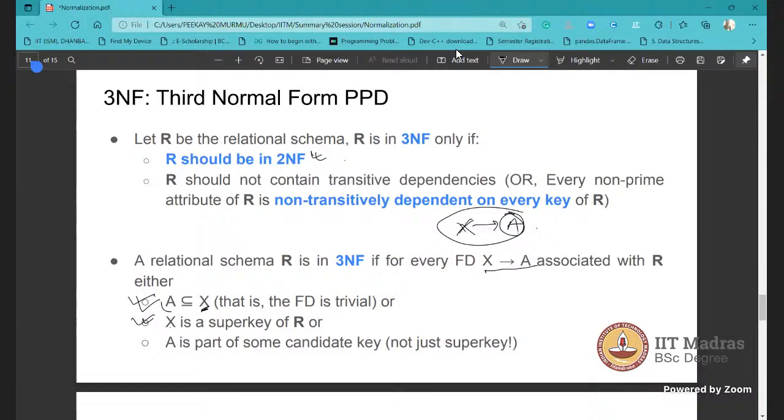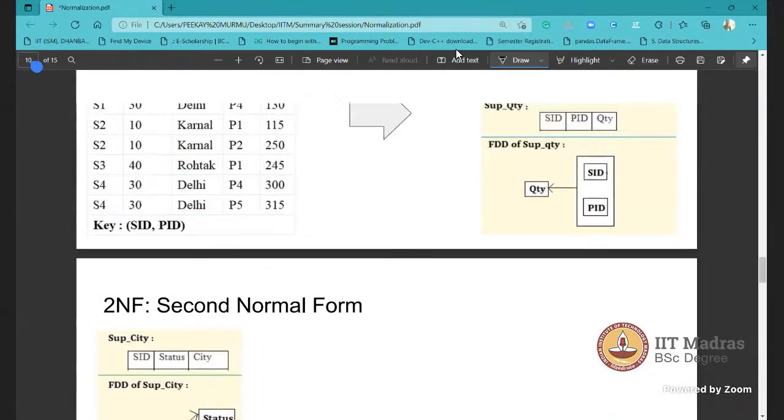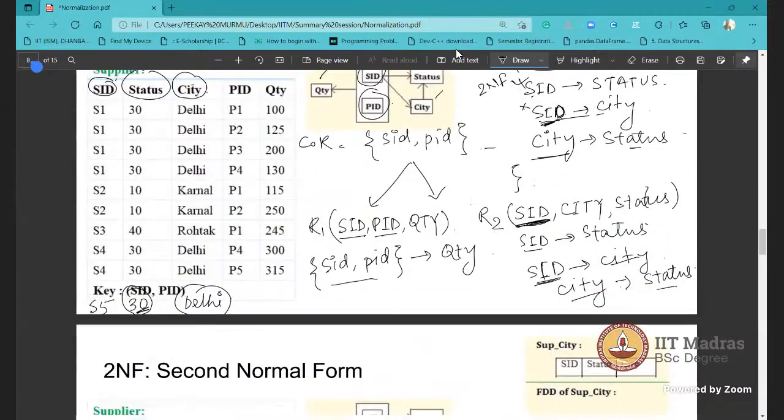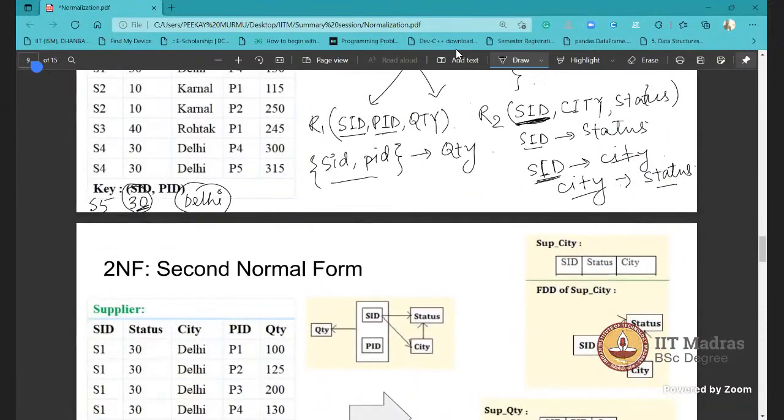So for the above case, we simplified up to the second normal form, but we can see that SID to CT and CT to status contains redundancy. So we need to simplify that.